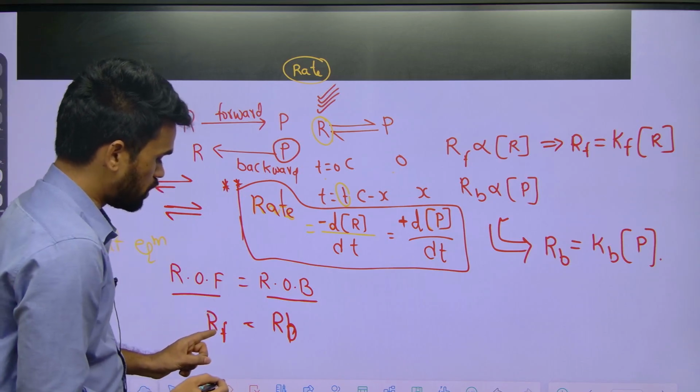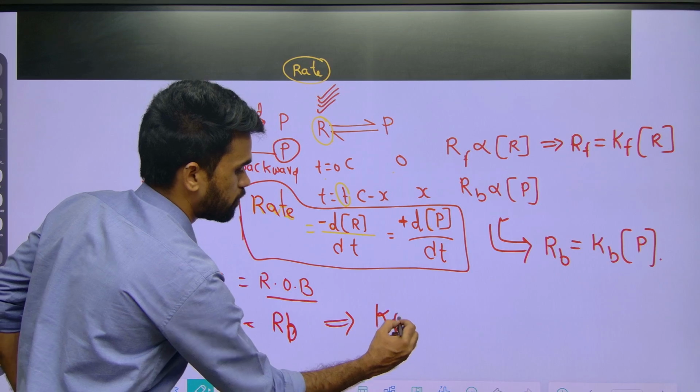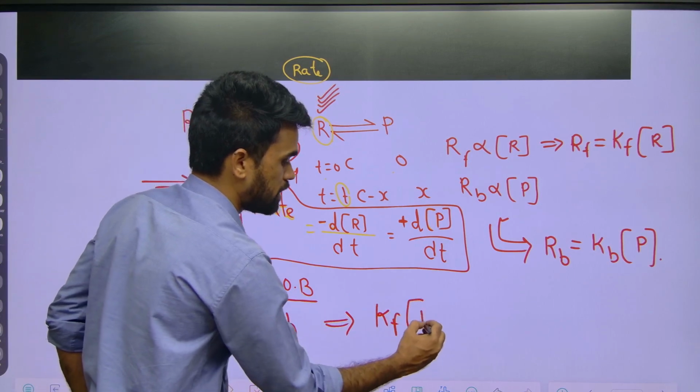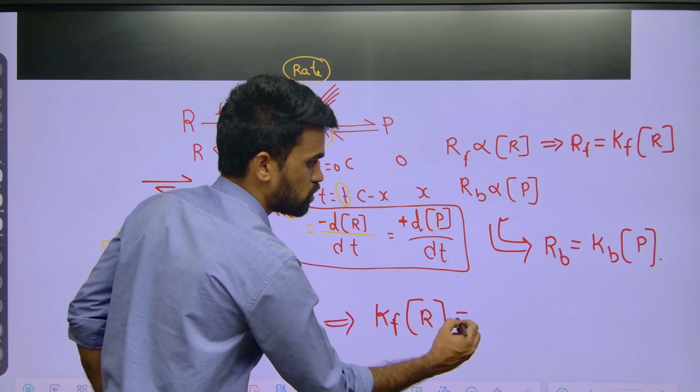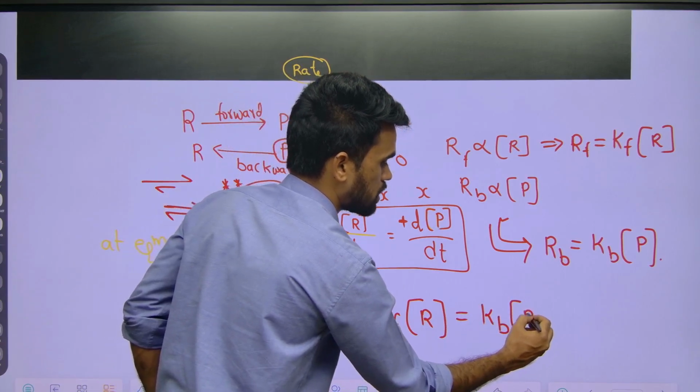Okay, so what do we mean by rf? From there, rf means kf, the rate constant for the forward reaction multiplied with the reactant concentration, which equals the rate constant for the backward reaction multiplied with the product concentration.